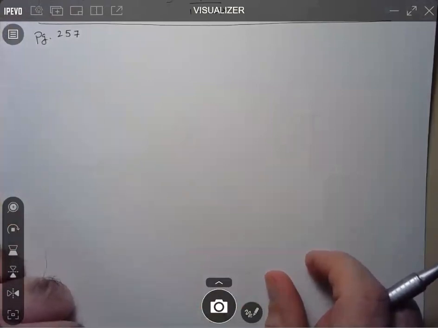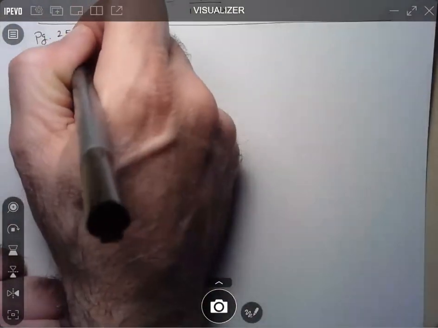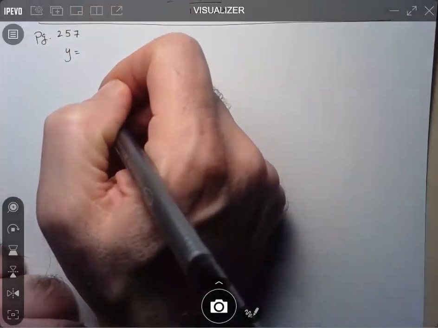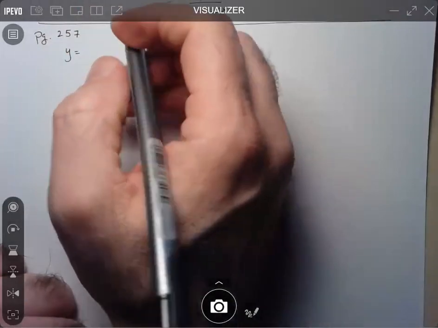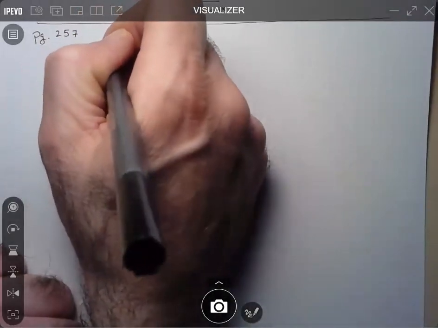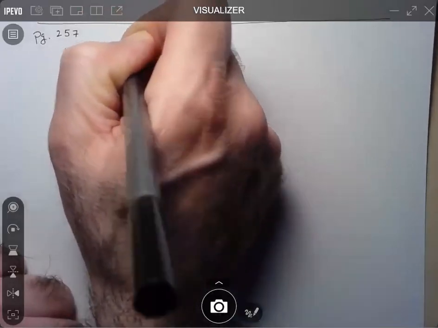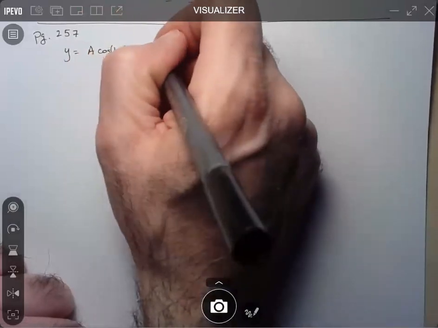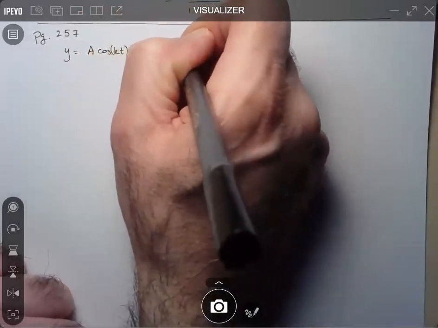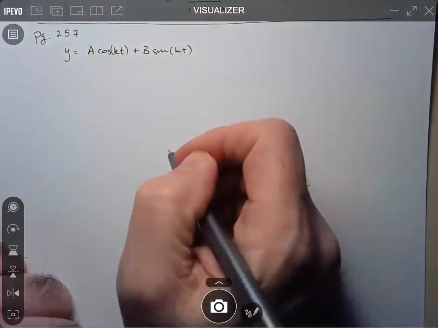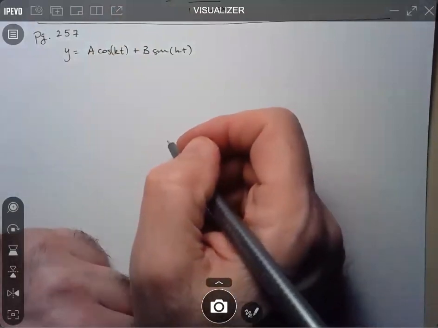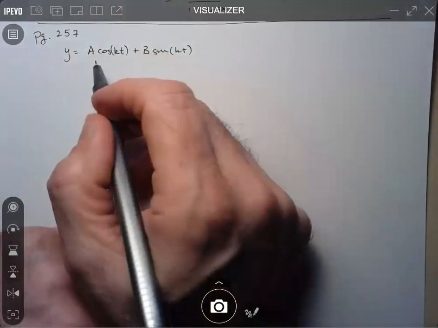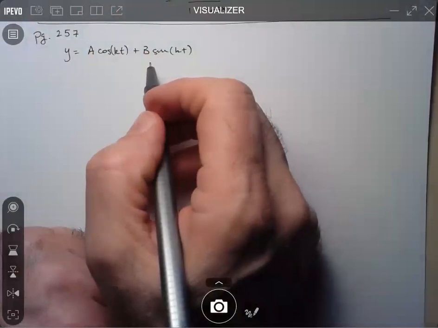So here they give us this function, which is made up of a cosine function and a sine function. So it's y equals a cos kt plus b sine kt. And they tell us that a, b, and k are constants. That's going to be important, especially since I see we're going to have to take some derivatives.